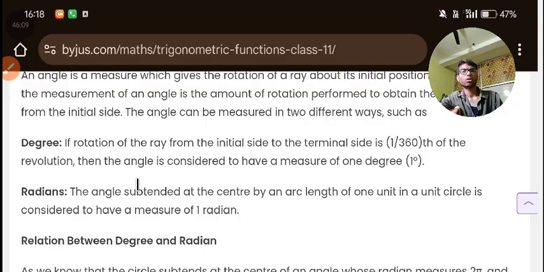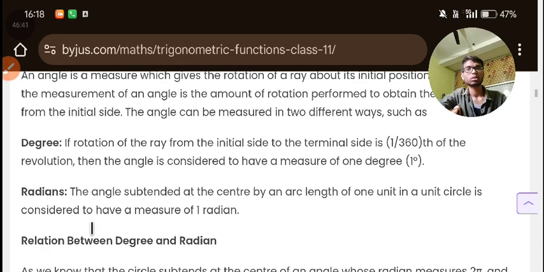If the rotation of the ray from the initial to the terminal side is 1 upon 360 of the revolution, then the angle is considered to have a measure of 1 degree. This is how we represent 1 degree. We are saying it rotated this much, this much.